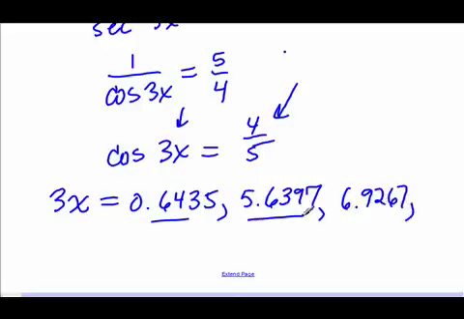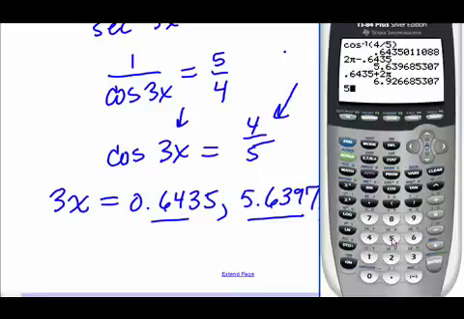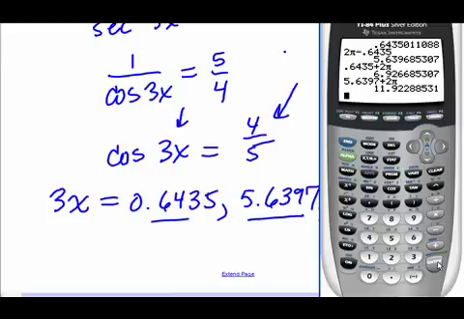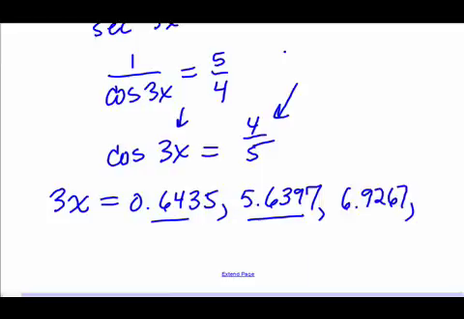And now I'll add 2 pi onto this one. 5.6397 plus 2 pi is 11.9229. So there's 2 times around.